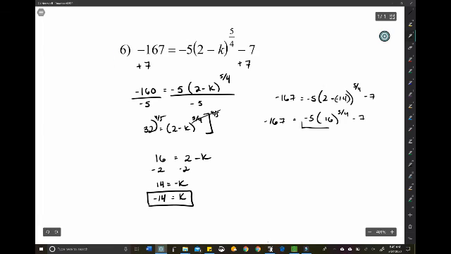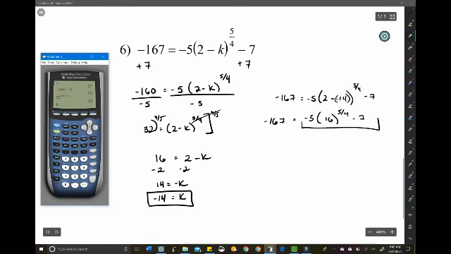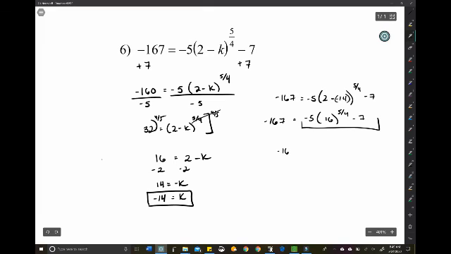And if you are double checking, you can really put this whole thing right into your calculator. Just be careful, I would put parentheses around absolutely everything you can. Check that out. Negative 167 equals negative 167.